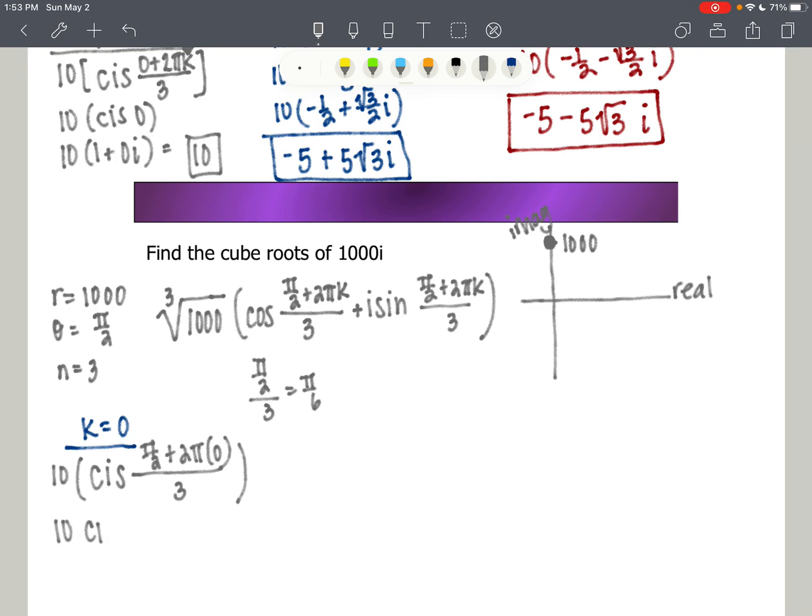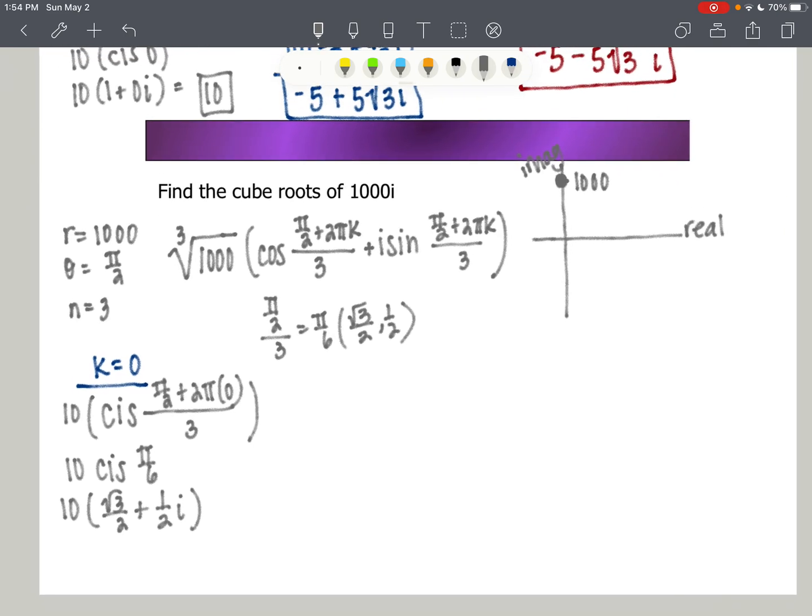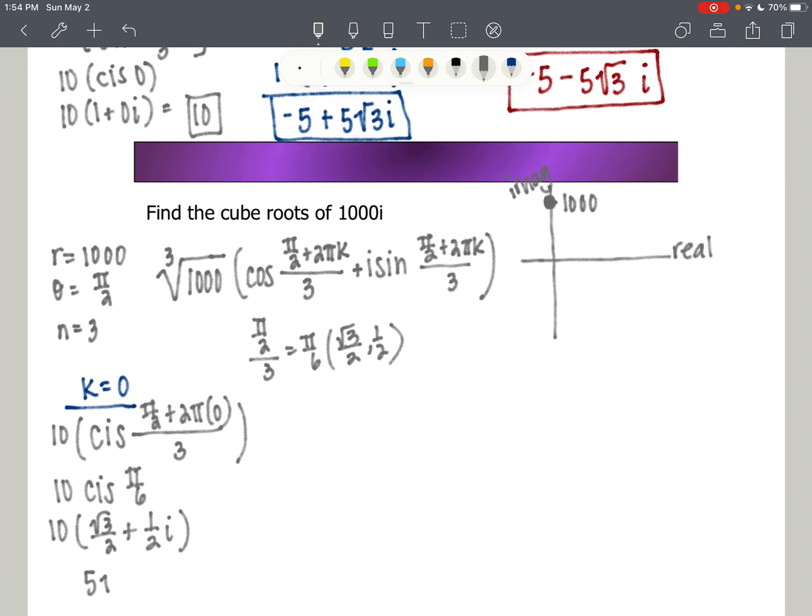So 10 cis pi over 6. In parentheses, we've got the square root of 3 over 2 plus 1/2 i. That will be 5 times the square root of 3 plus 5i. So there's one of our three answers.